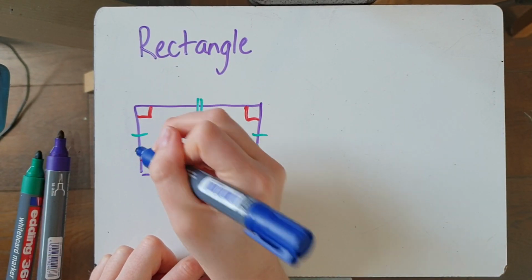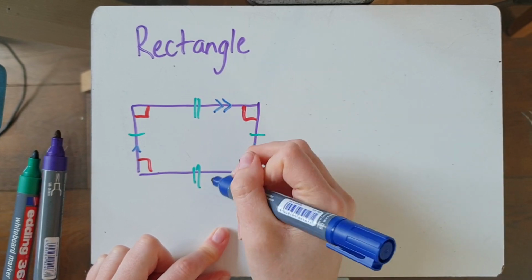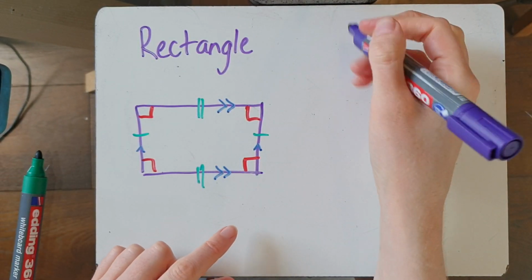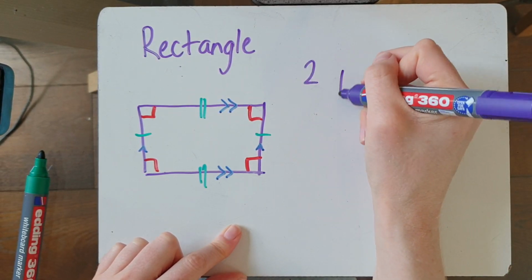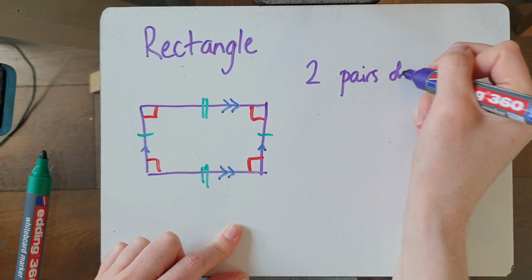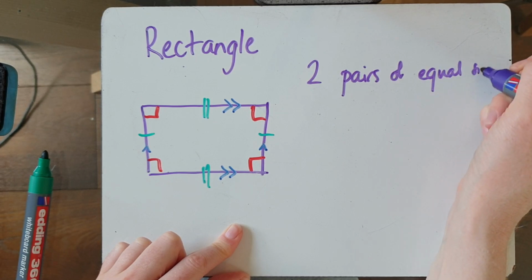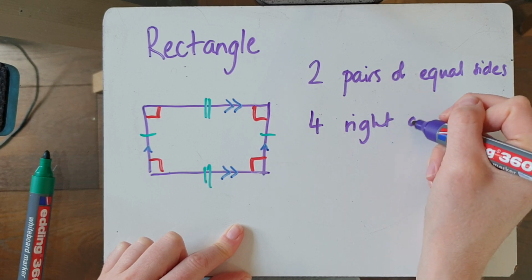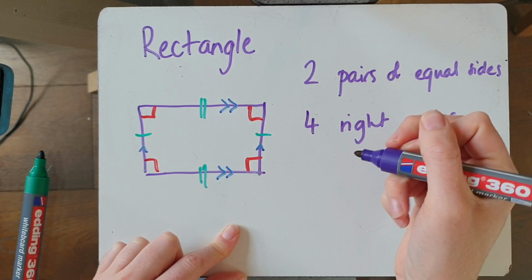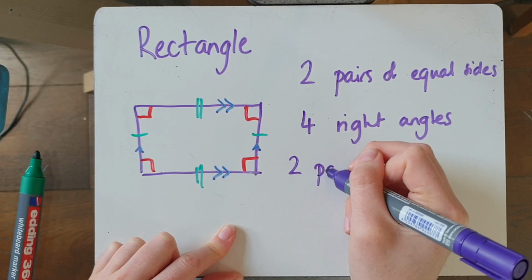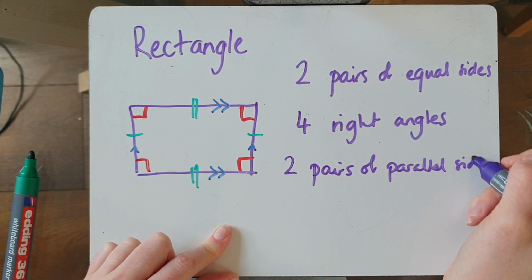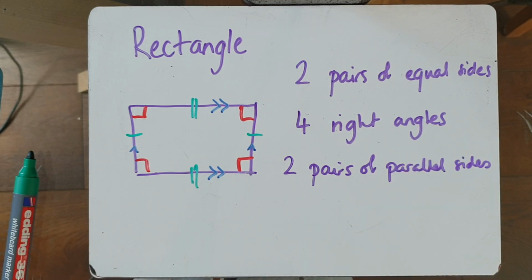This one and this one are parallel, and then this one and this one are parallel. So again, let's get that written down. So it has 2 pairs of equal sides. It has 4 right angles. And it has 2 pairs of parallel sides. So again, pause the video and get that copied down, please.